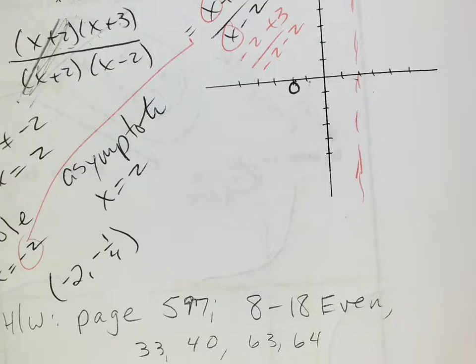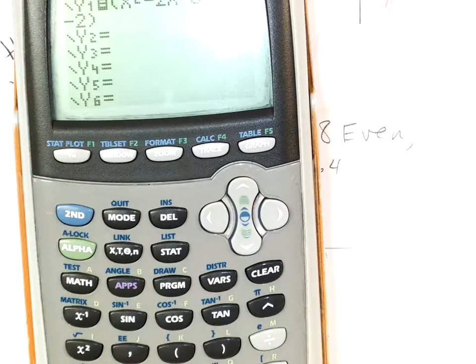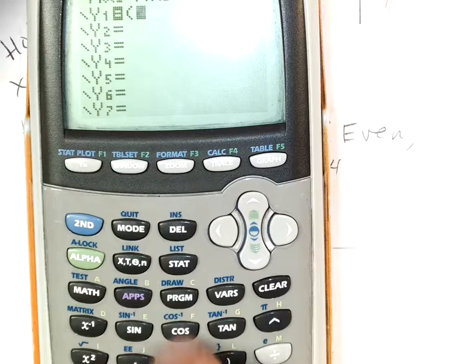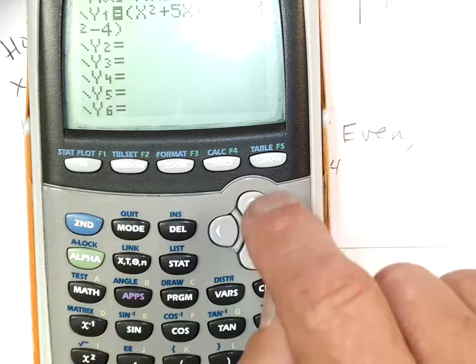Now, let's graph it and see what it looks like. Graph, y equals, clear that one, let's put this one in. Parentheses, x squared plus 5x plus 6, divided by parentheses, x squared subtract 4, and I graph it.